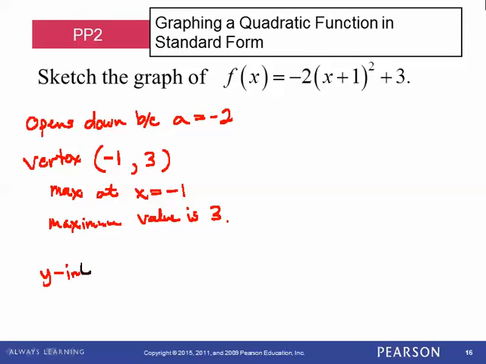So the y-intercept, again, all we're going to do is plug a 0 in for the x value. 0 plus 1 is 1, 1 squared is 1, and that becomes a negative 2 plus 3, which is a 1. The x-intercept gets a little bit more difficult.